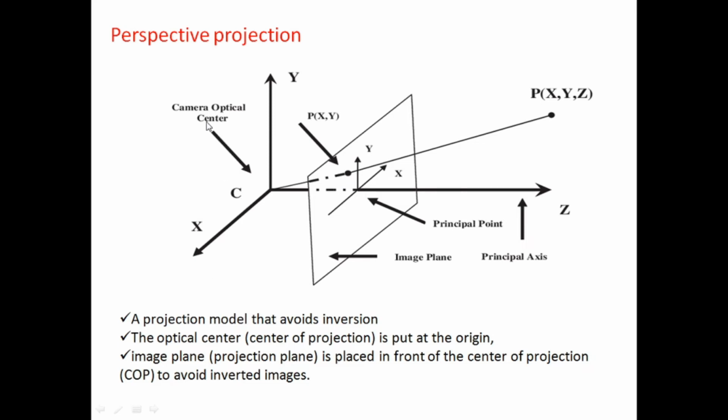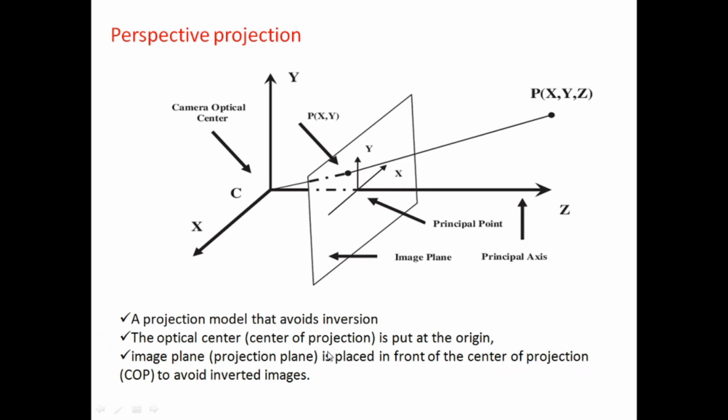The perspective projection is nothing but the projection model that avoids the inversion, where the center of projection is at the origin and the image plane, that means the plane of projection, is placed in front of the center of projection to avoid the inverted image concept.